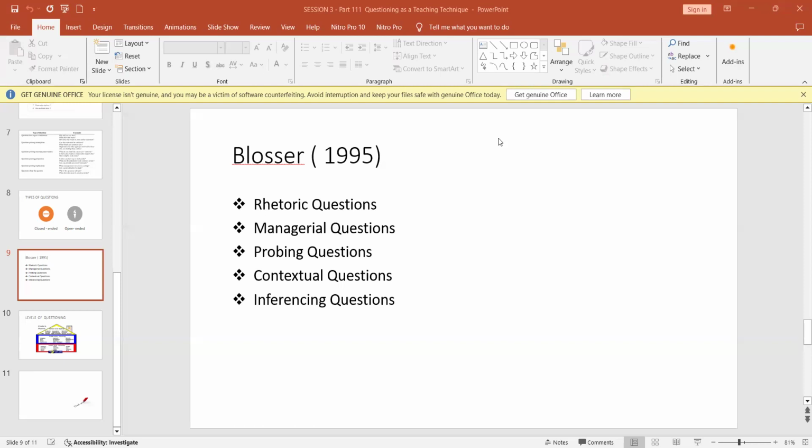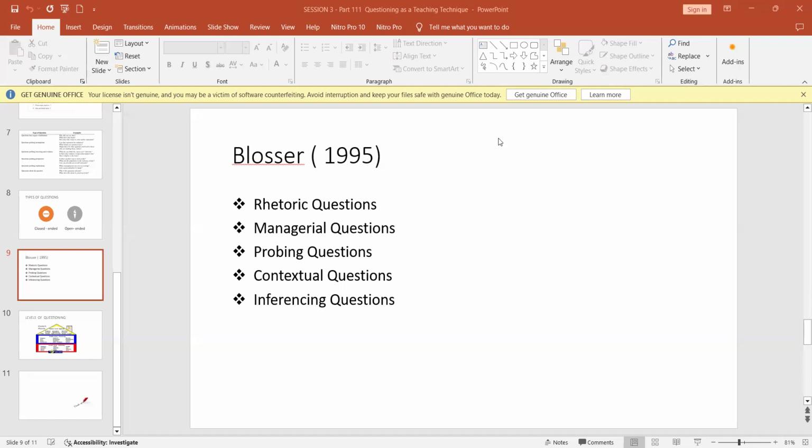Anyway, inferencing questions are also very important for the development of critical thinking and creativity. Contextual questions are cut and paste. What is said here, you are checking their understanding. According to Blosser's classification, there are 5 types. Rhetoric, to get attention; you don't expect the answer. Managerial, for classroom management.